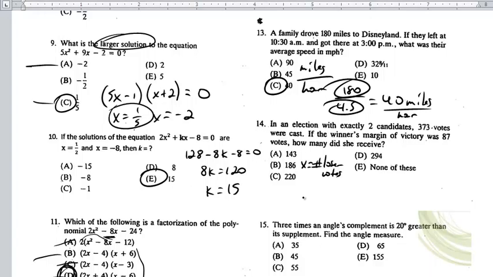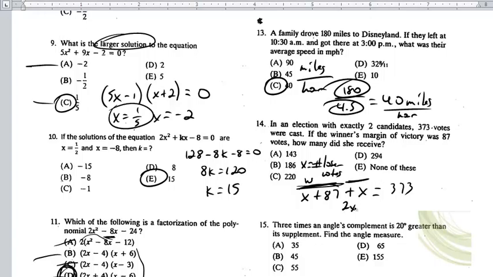So if I write x plus 87, do you guys agree that if x is the number of loser votes, then the winner votes is 87 more? So this is the winner's votes plus the loser's votes is going to equal 373. That's the setup for it. The winner's votes plus the loser's votes is 373.